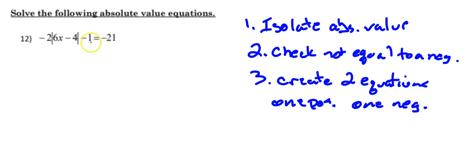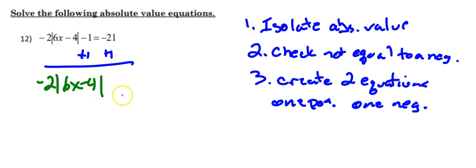In this case, we haven't isolated the absolute value yet, so we're going to start by moving the 1 to the other side. We're left with negative 2, absolute value 6x minus 4 equals negative 20.